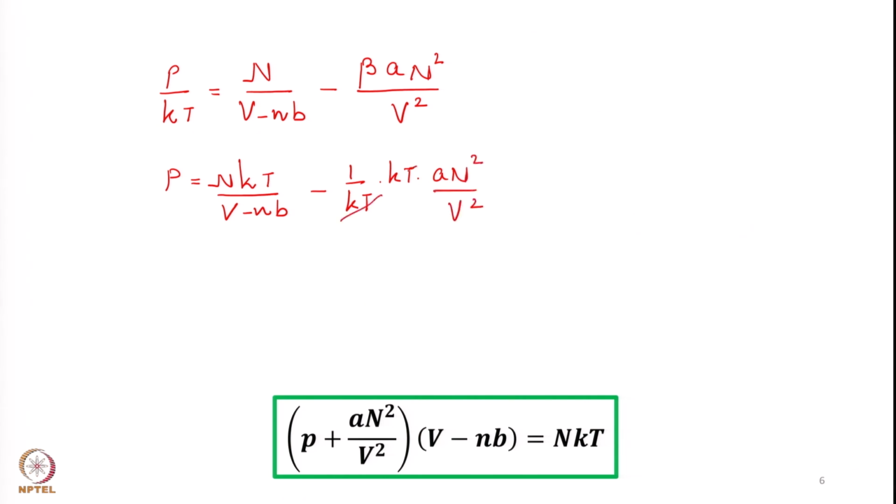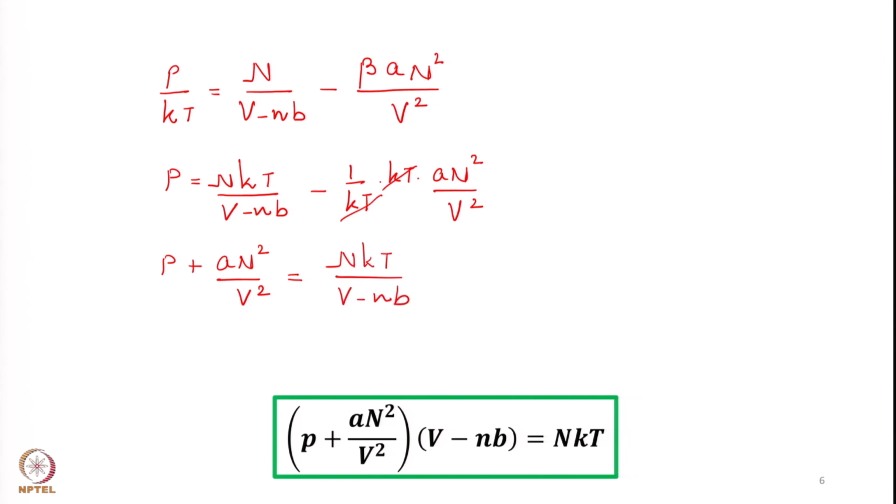This kT and this kT cancel, so P plus A N square by V square is equal to NkT over V minus Nb. That is what we get.